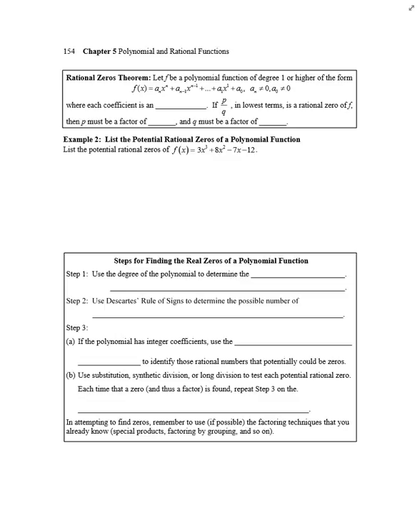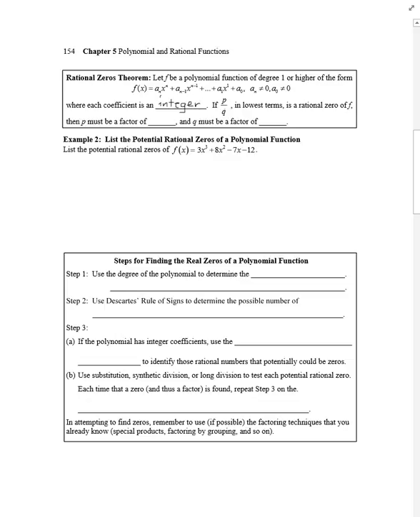So this brings us to the rational roots theorem. If we have a polynomial function of degree 1 or higher in its standard form, where each coefficient is an integer, so each coefficient has to be an integer, that means if they're fractions, we need to get rid of the fractions.